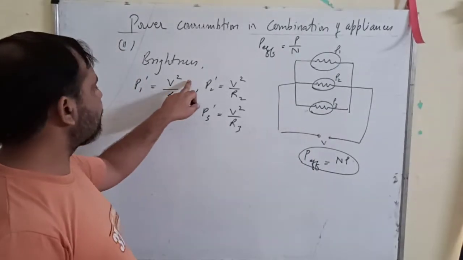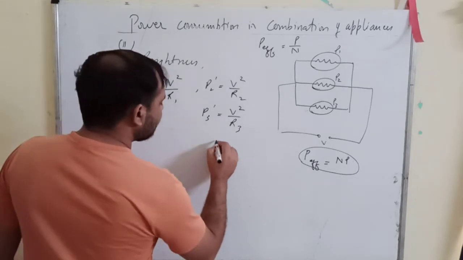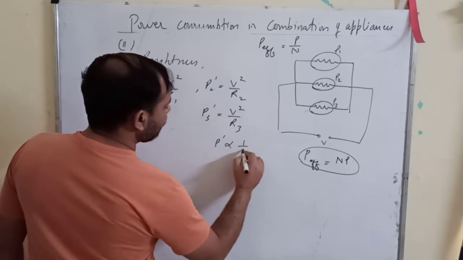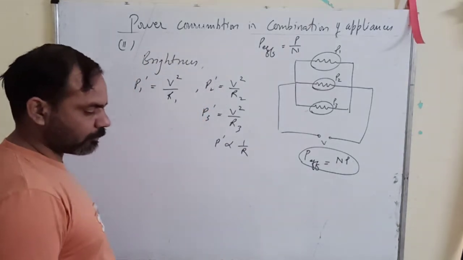So the brightness formula is V square upon R1, V square upon R2 and V square upon R3. So you can say that the brightness is inversely proportional to the resistance of the appliance.